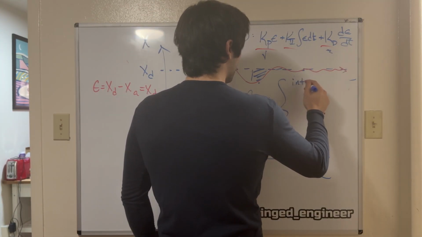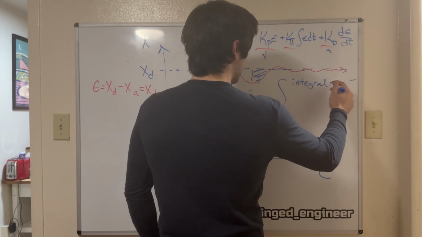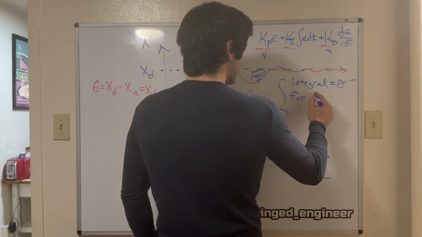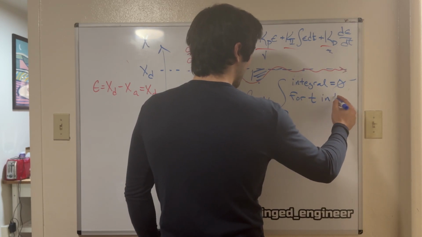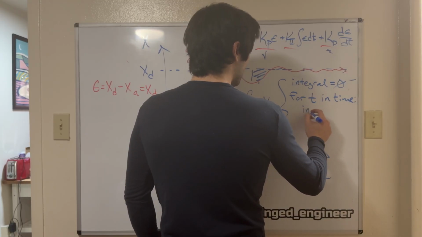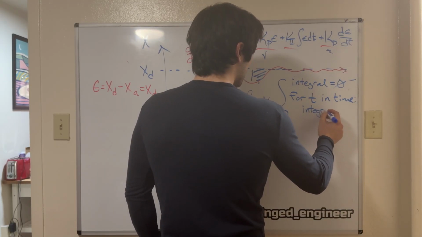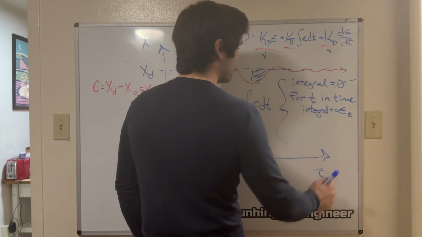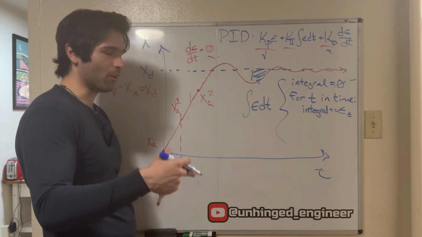We set integral equals 0, and then we say, for t in number of time steps, integral plus equals error at that time. You just add the error over and over and over again.